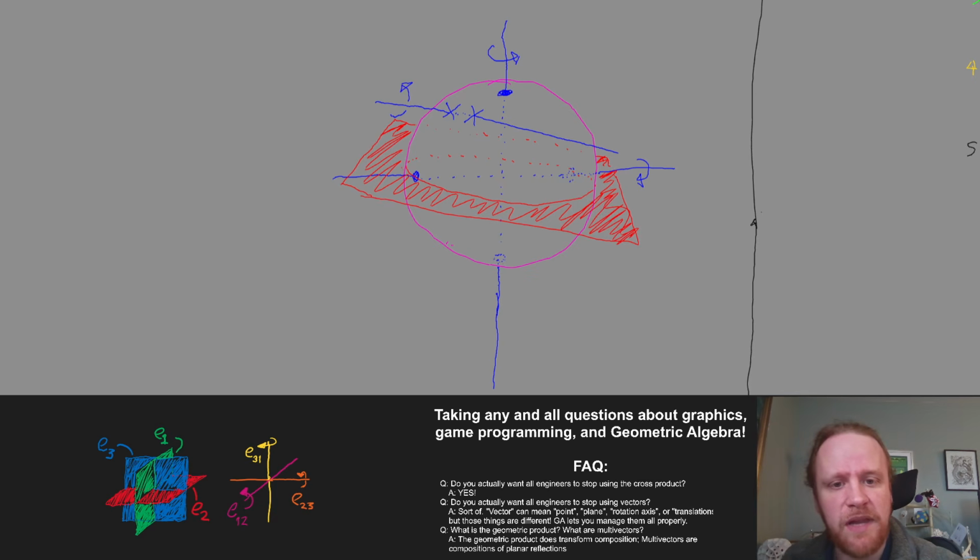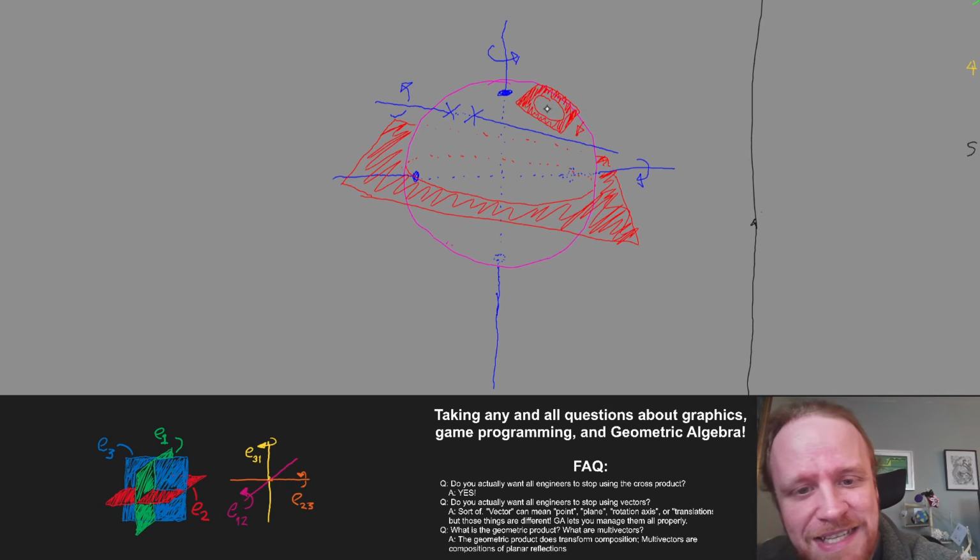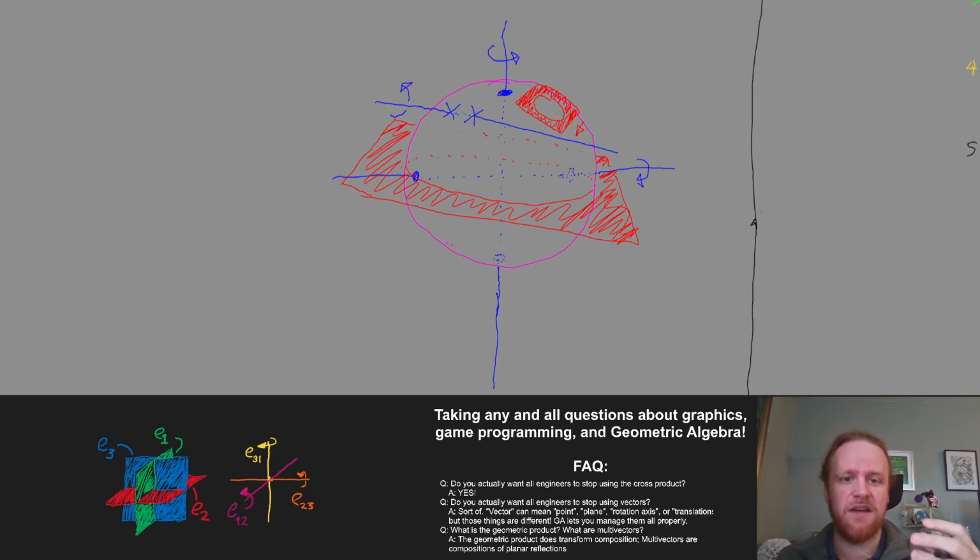If I draw another plane up here, and you perform a reflection in this plane, then everything inside the sphere that's on this side of it, which is most of the stuff, will be squashed into that tiny little cap that you've got there. And everything that was on the other side, or previously squashed into that cap, will end up stretched out, filling up the entirety of the surface of the sphere. This is hyperbolic geometry. What I've just described is reflections in hyperbolic geometry.